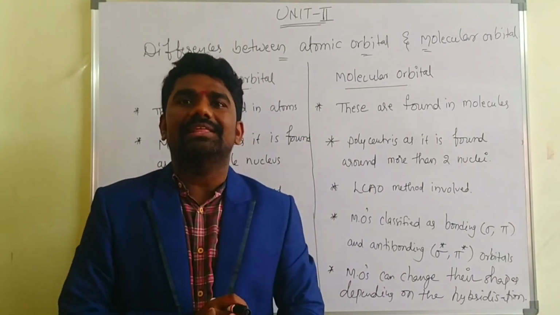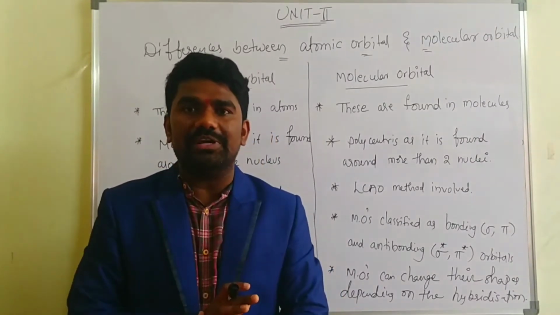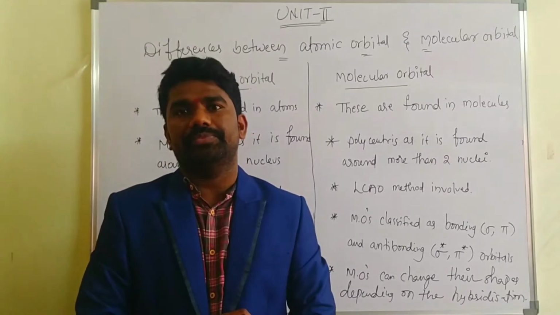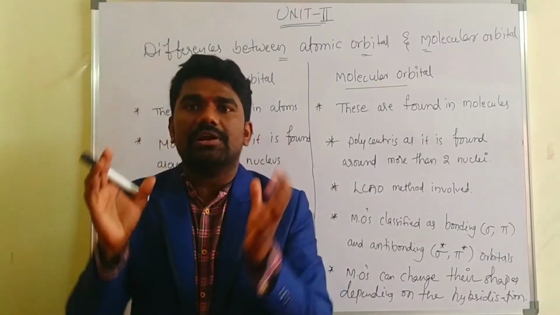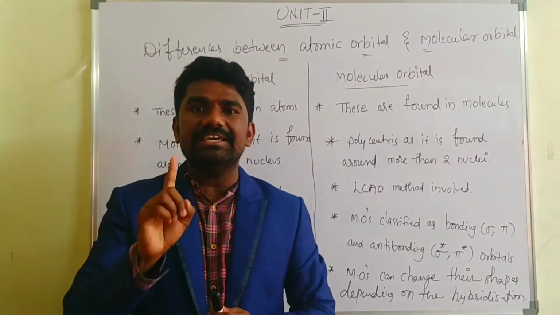That means the electron cloud will be found around a single nucleus in atomic orbitals.